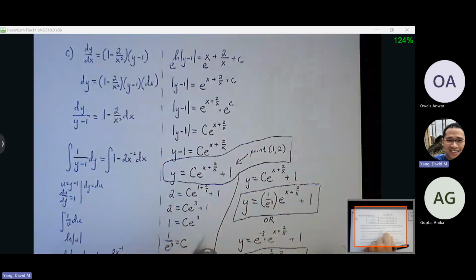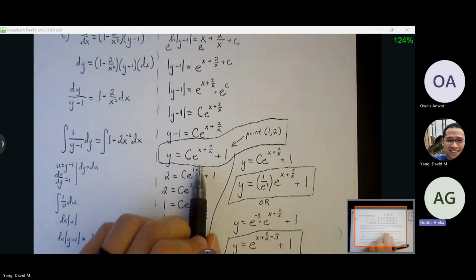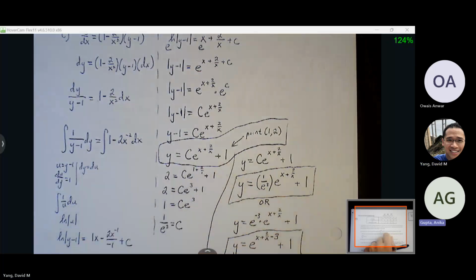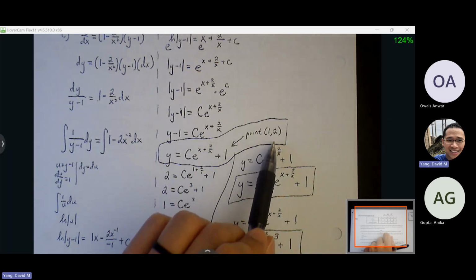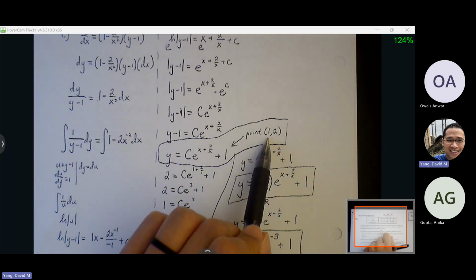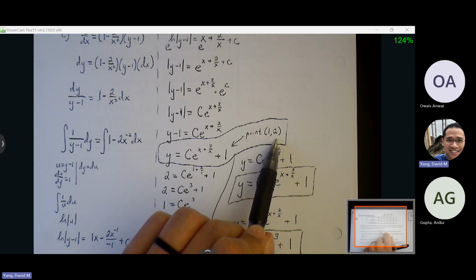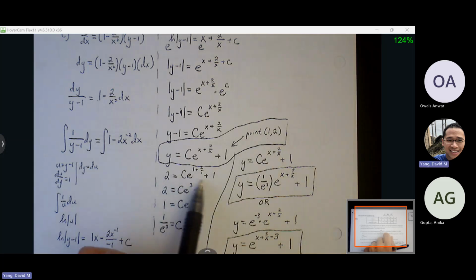And then I'm just going to wait until this time here to plug in my ordered pair. So 1 in for x, 2 in for y. And I'm just working my way down to solving for c.